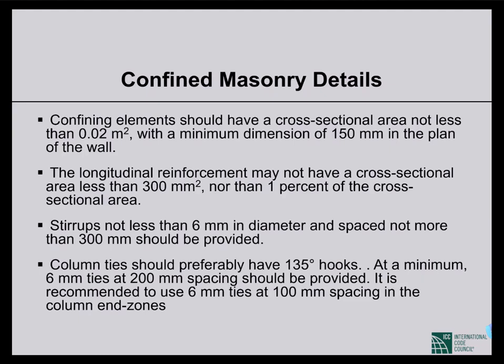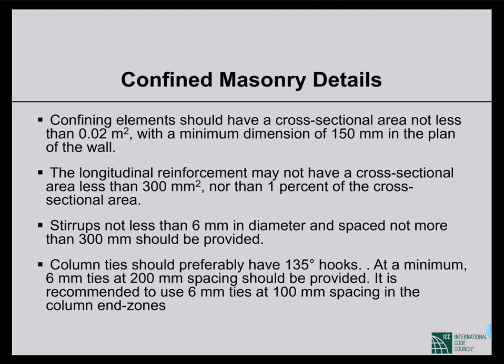The longitudinal reinforcement may not have a cross-section area less than 300 millimeters square, and total area of reinforcement is not less than 1% of the cross-section area.